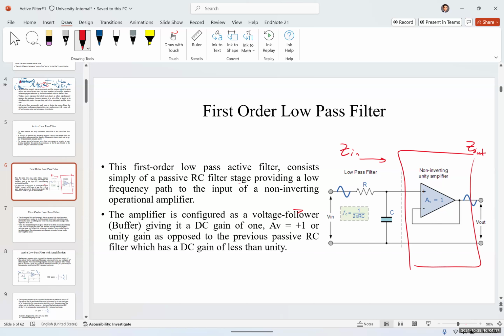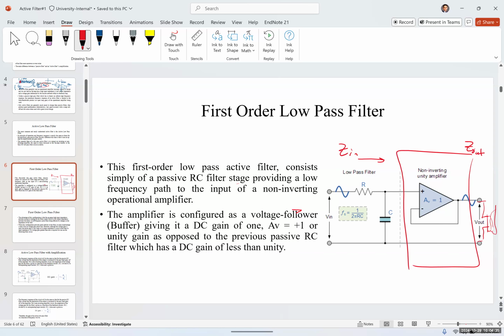Because, for example, in this case, if my output is, let's say, a speaker, that speaker has a very low resistor, and that low resistor now would be in parallel with that capacitor, and now it's going to compromise the filter itself.